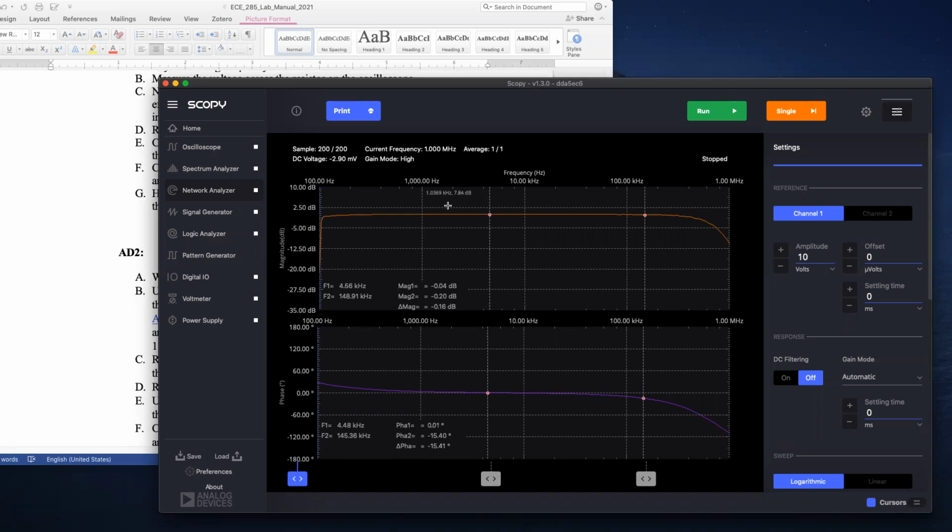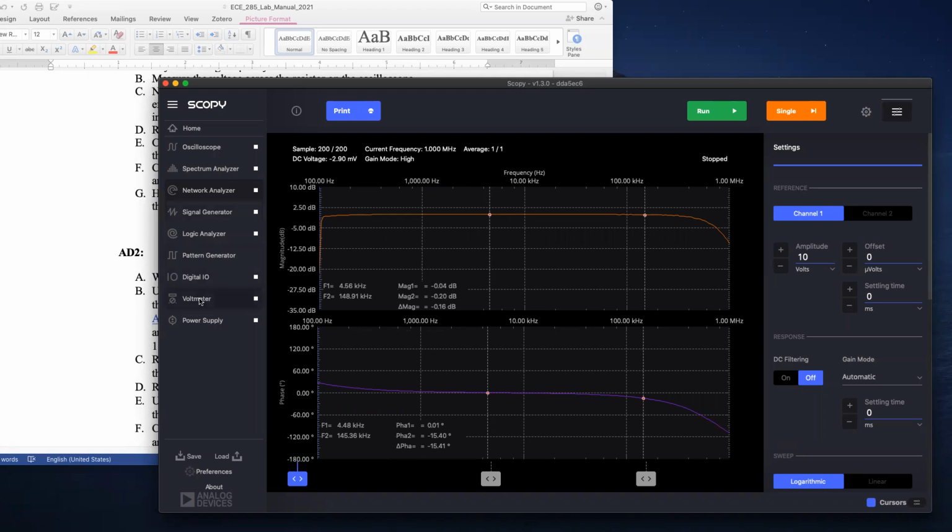So that's as close to 0 as possible. But if you look at the magnitude, it's still negative 0.04, but we've narrowed down at what frequency the resonance occurs. So it's about 4.56 kilohertz. And that is what I should be getting anyway for my theoretical.